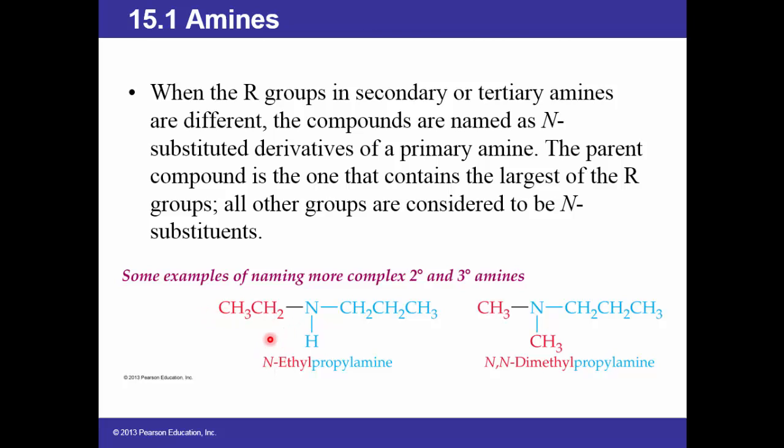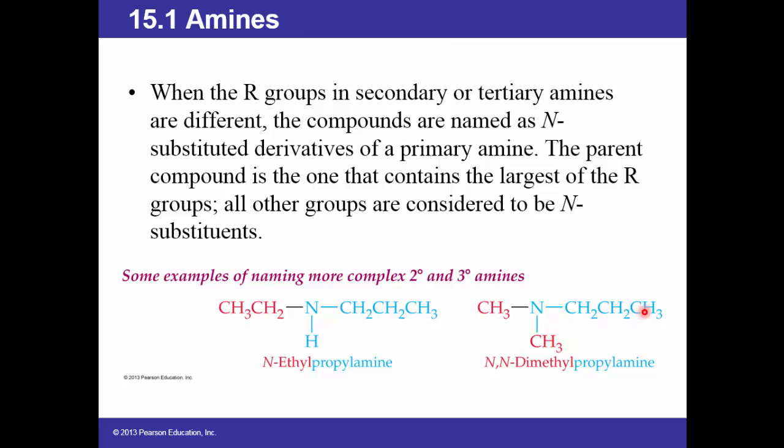So here we put N-ethyl for this propylamine. So this is an example of a complex secondary amine. Then again, the parent amine is the one with the largest of the R groups. Propylamine is the parent. So this one is designated as N-ethylpropylamine, one word.